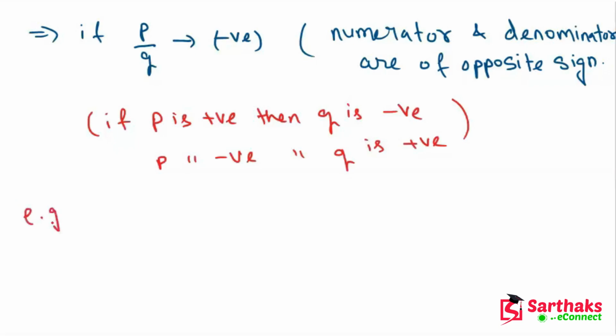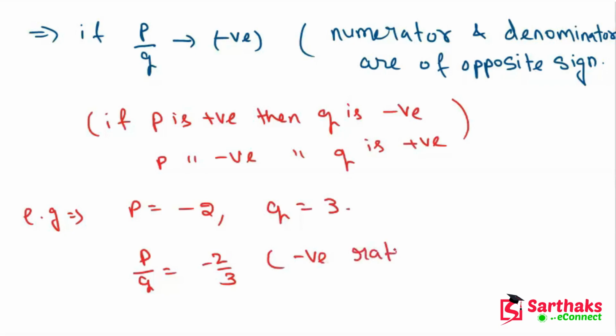For example, if P is equal to -2 and Q is equal to 3, then P upon Q is -2 upon 3, which is a negative rational number. I hope you understand the concept of positive and negative rational numbers.